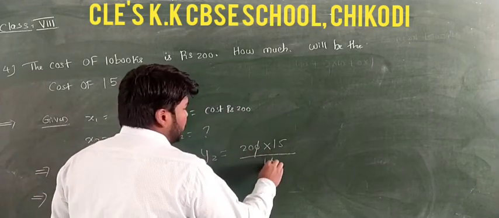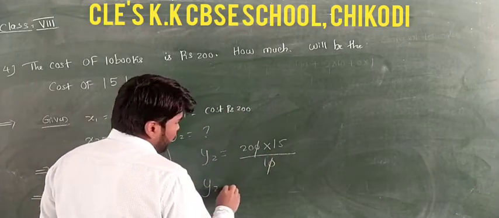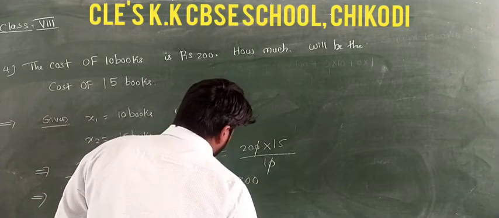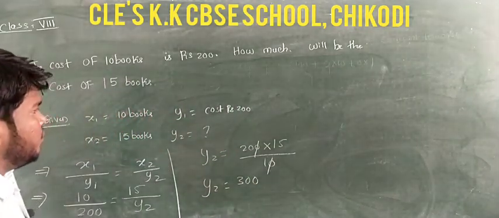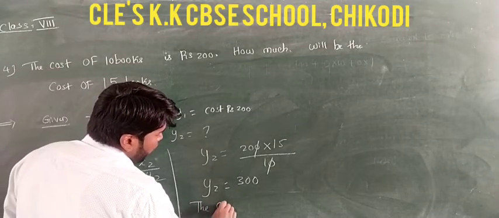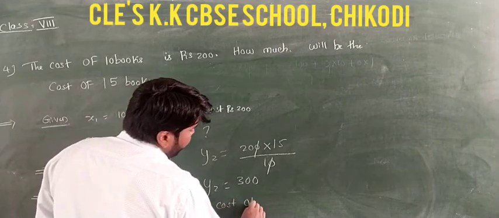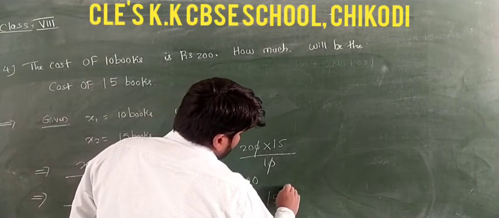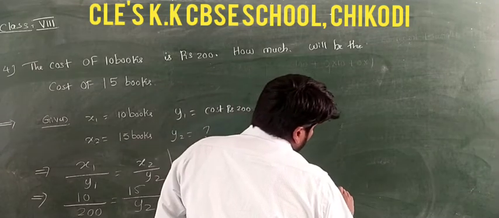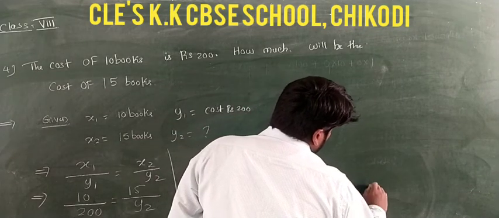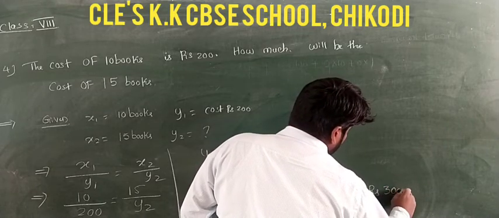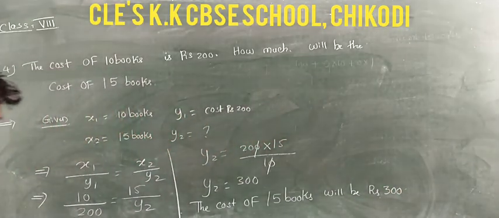The 0 gets cancelled. So y2 is 15 twos are 30, plus 0, so y2 is equal to 300. Therefore the cost of 15 books will be rupees 300. This is your required answer.